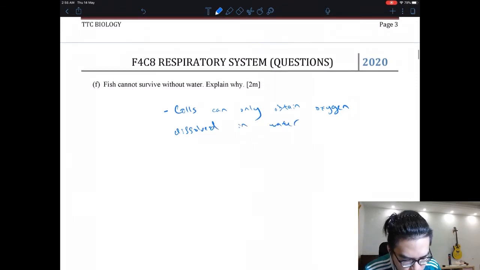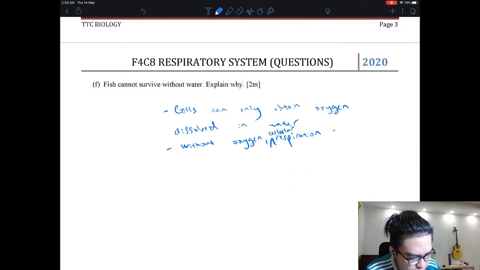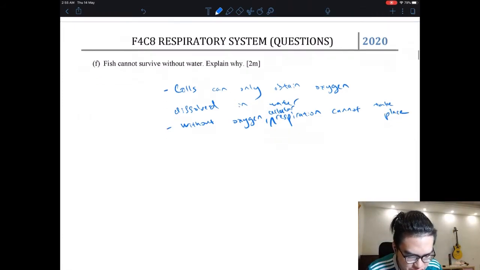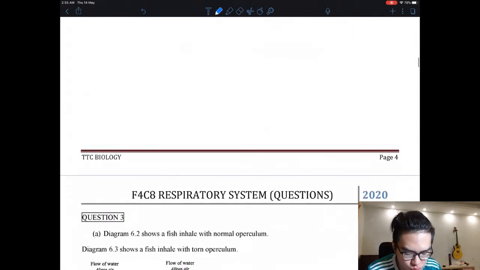So without oxygen, cellular respiration cannot take place. Seems like a tricky question, but it really isn't. So just answer what you know.